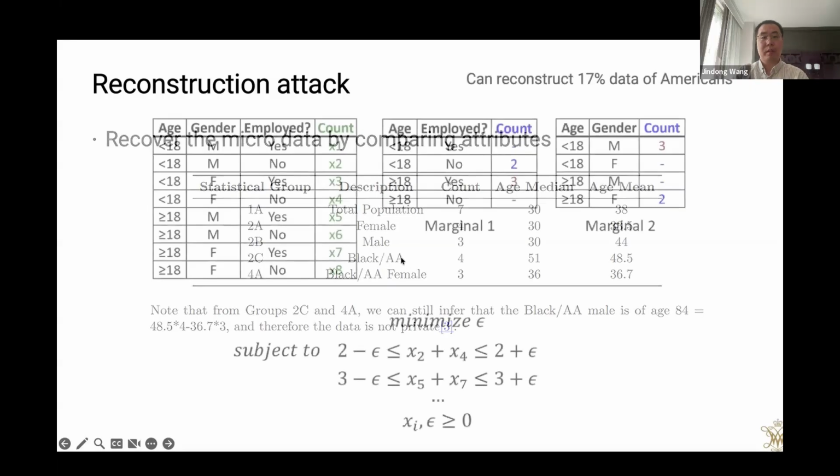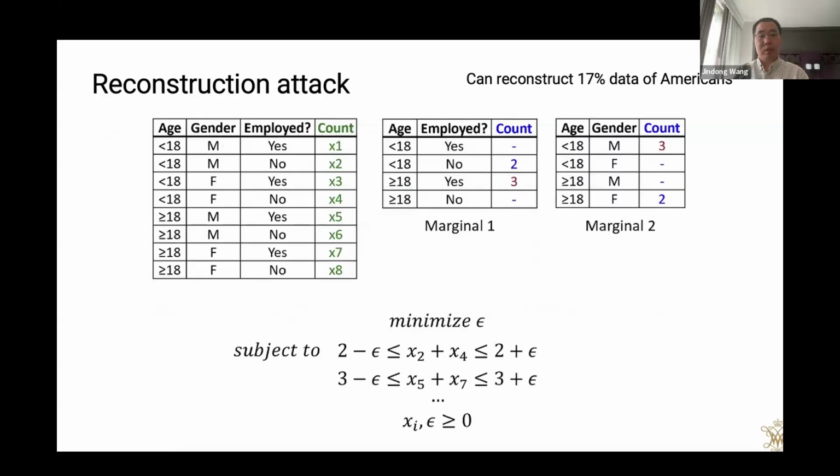Okay. And another more math-focused task is you can design linear equations, so you can solve them. What does it mean? We have these aggregation tables, like age less than 18 or larger than 18, gender, employee, and count, and X1, X2, X3, X4.